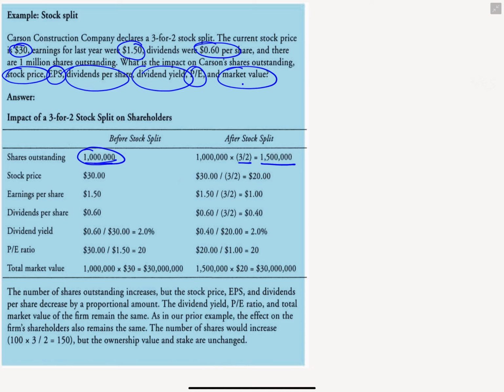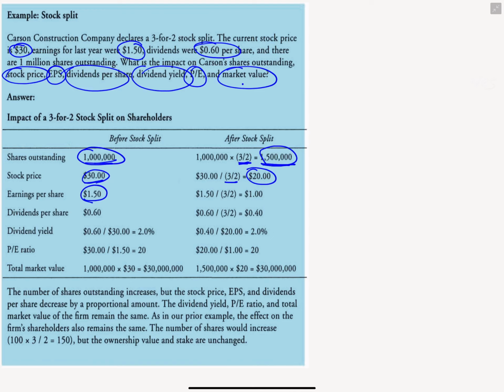Then the stock price, as in the previous example, will fall because the number of shares outstanding has risen. It will fall by the same coefficient as the number of shares increased. Then the stock price will become $20 per share. Earning per share will decrease because there are a lot of shares.